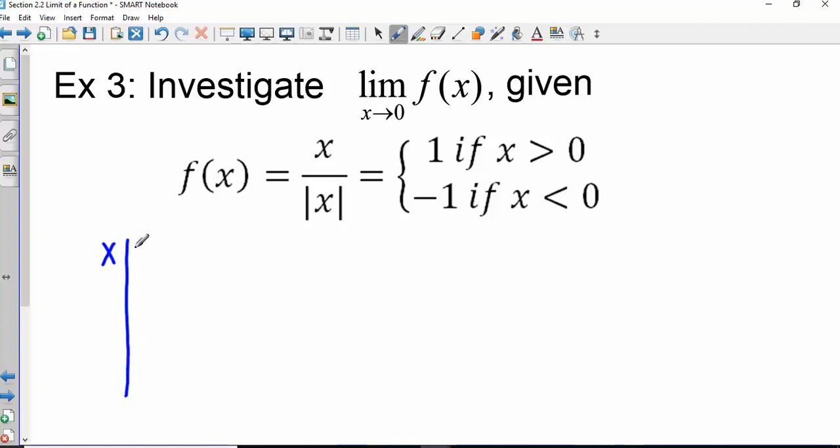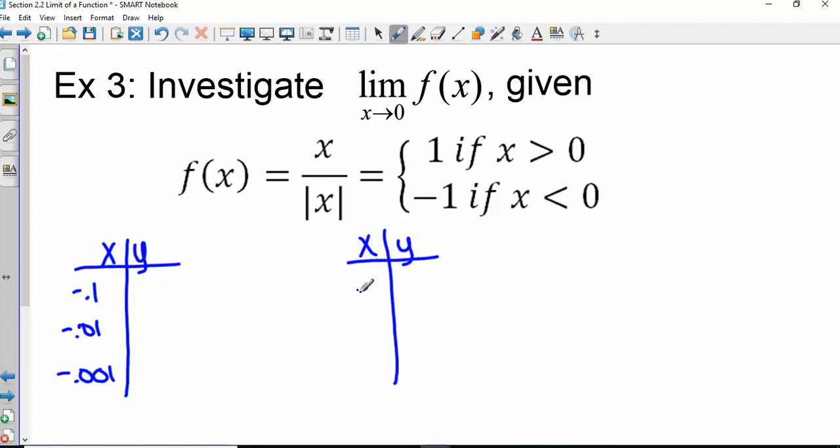Okay, so if I were to make my tables, if these x's are negative, which of these two pieces are you on?